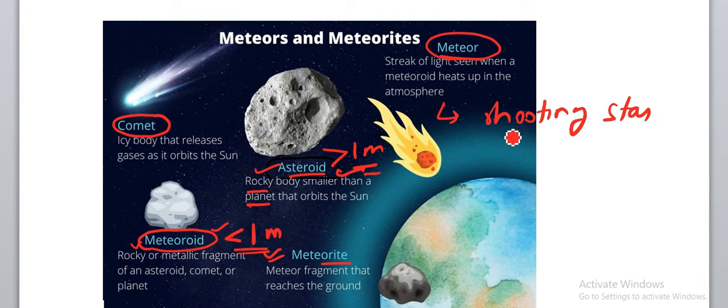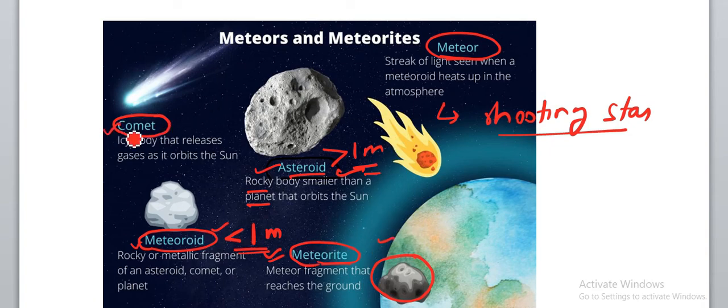Okay, in Hindi it is called as टूटता tara, right? And if the meteor is not completely burned during its movement, it lands on the surface of the earth, and then the rock is called as meteorite, right? Now you know the difference between the meteor and meteorite.